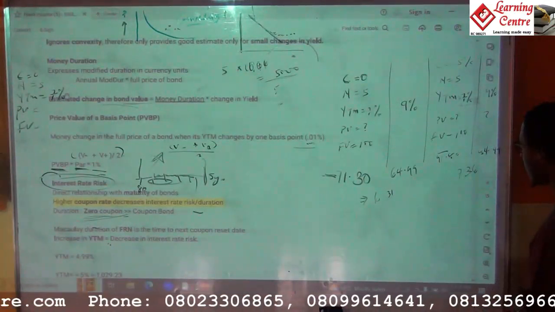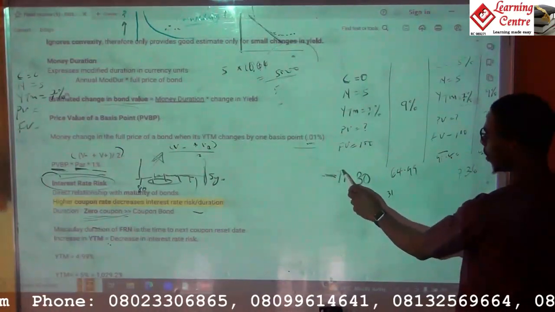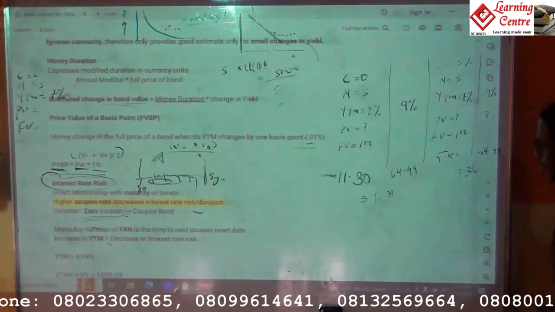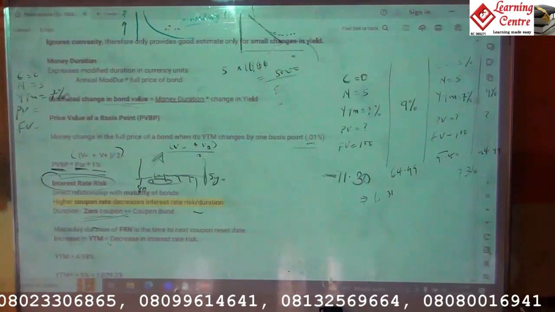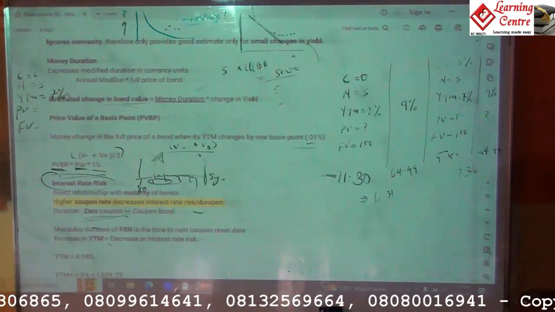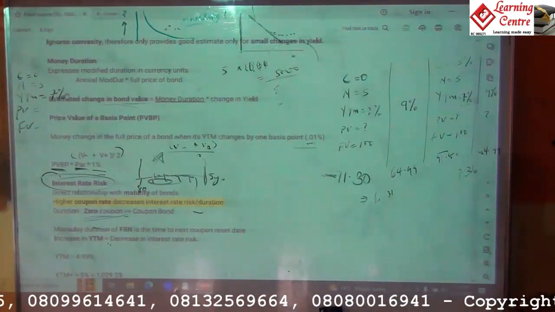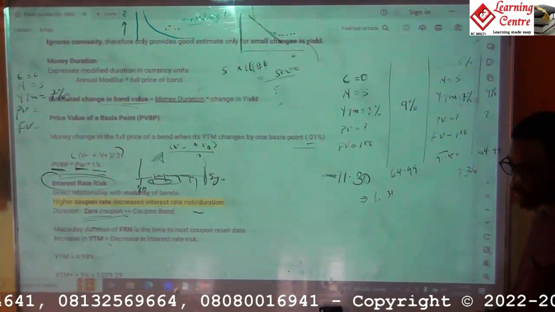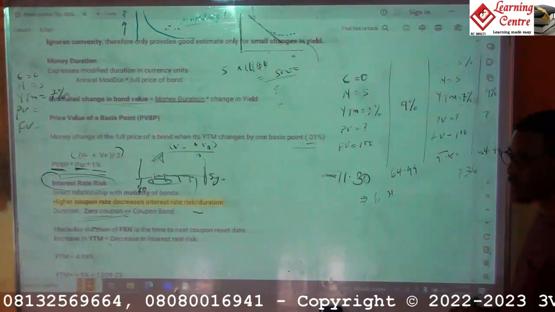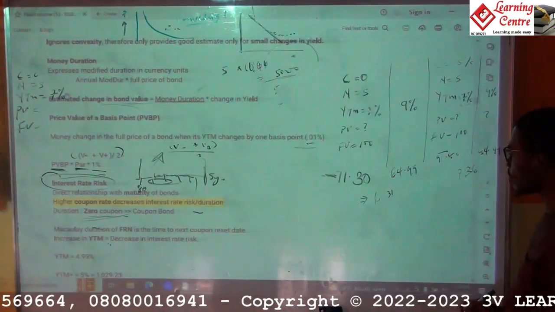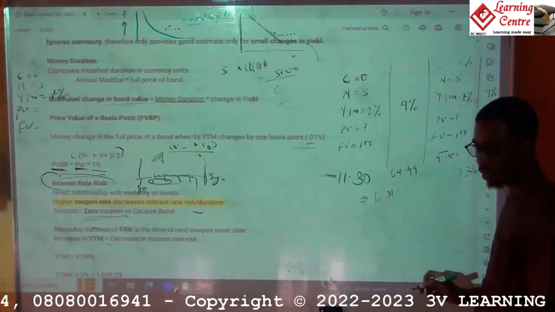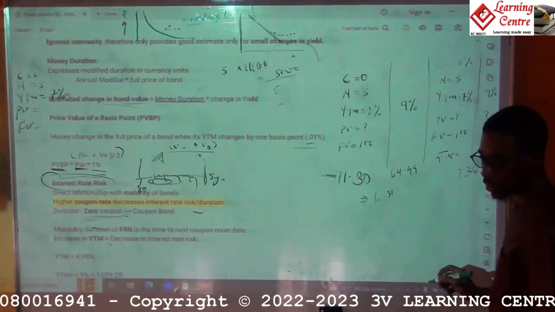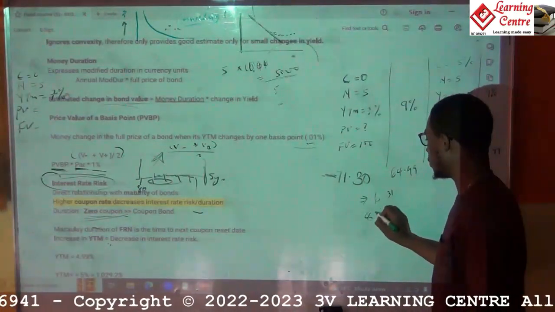Let's do it in percentage terms. The decline in price, divided by the original price: 8.8%.